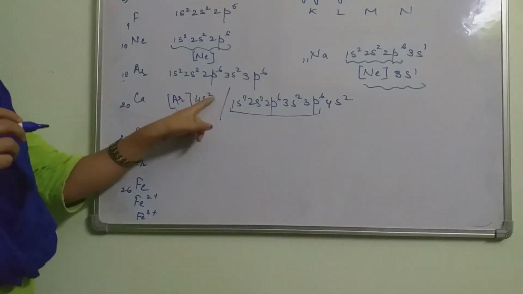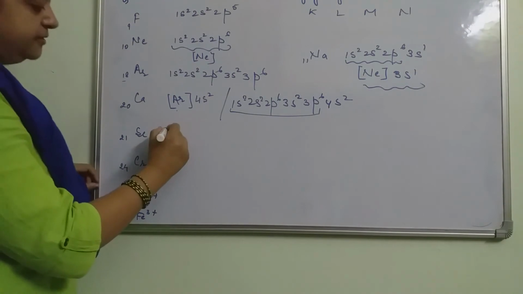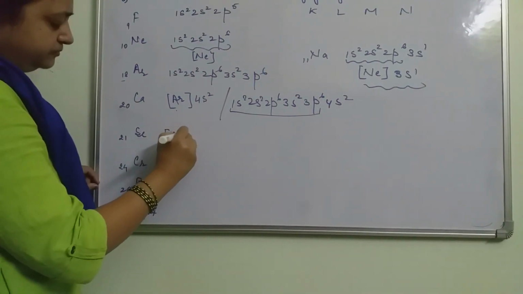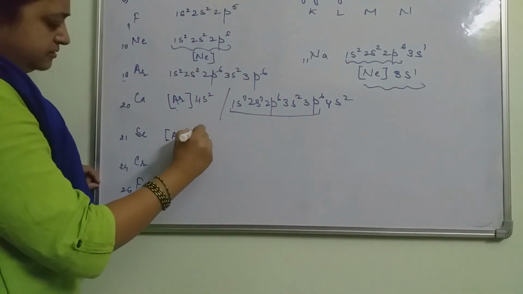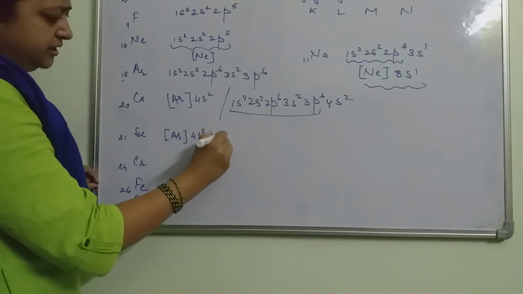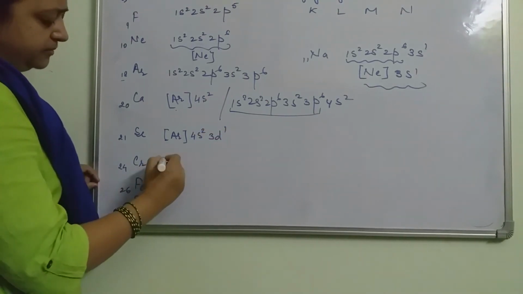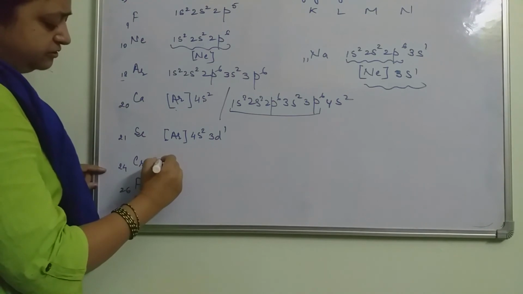So 18 plus 2 is 20. For scandium it is argon 4s2 then 3d1. For chromium, it is a very important configuration.